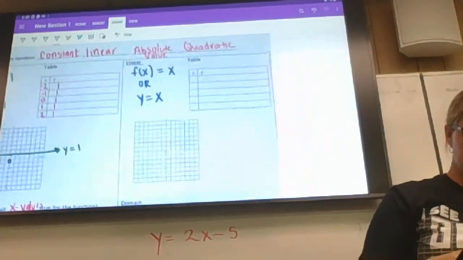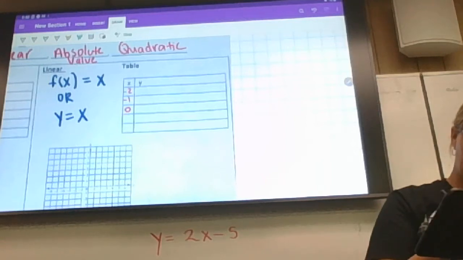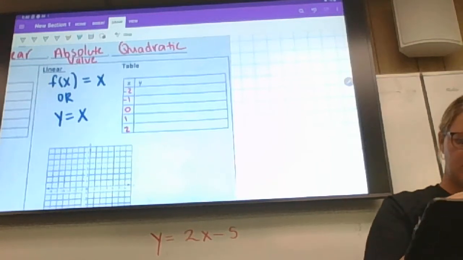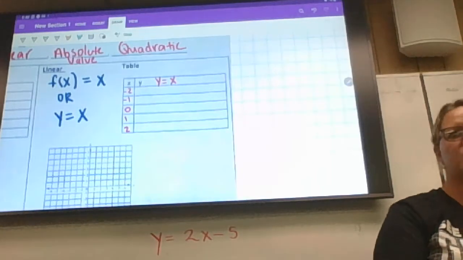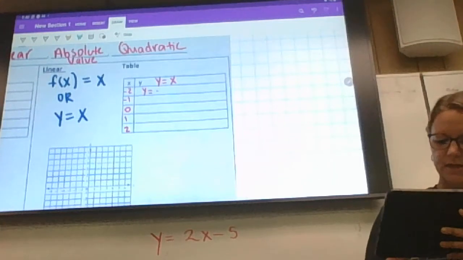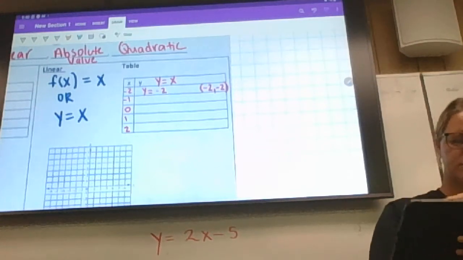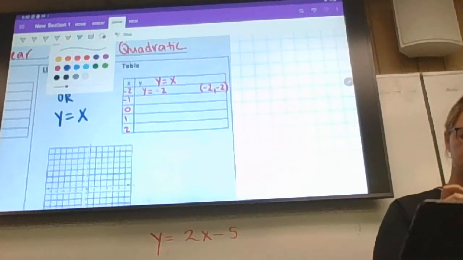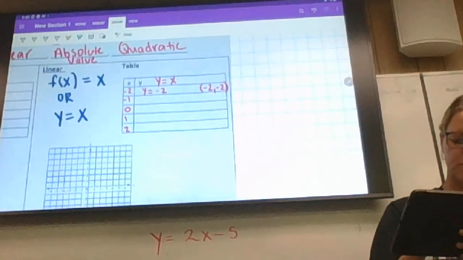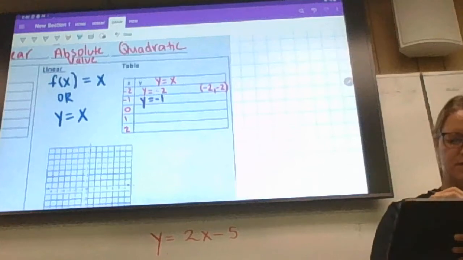So like I said, same table. And we're filling it into this equation where y and x are the same, y equals x. So here, y would be -2. So we have an ordered pair at -2, -2. y equals -1 when I plug in for x.